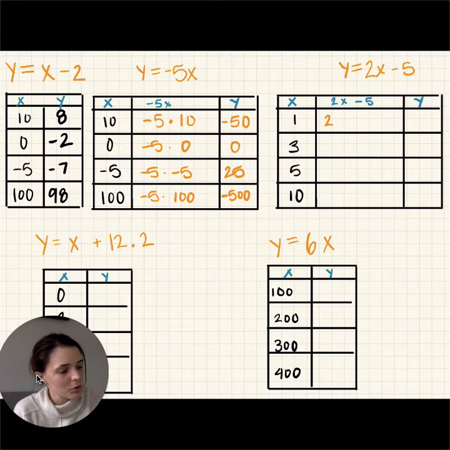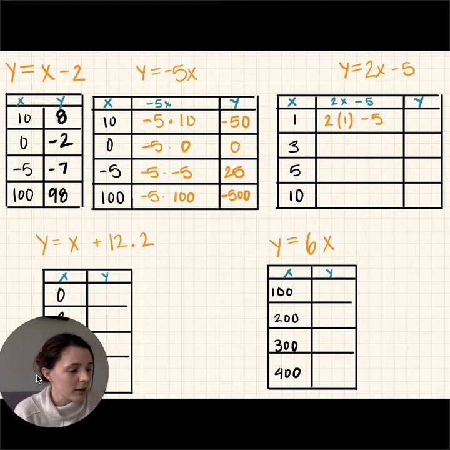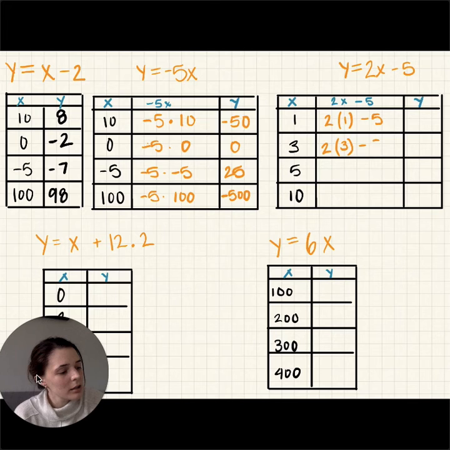So we have 2 times whatever our x value, this time it's 1, and then subtract 5. Now I'm going to go ahead and fill in the middle column all the way down, and then we can actually crunch the numbers. So in the next row, we would have 2 times 3, and then subtract 5. 2 times 5, subtract 5, and 2 times 10, subtract 5.